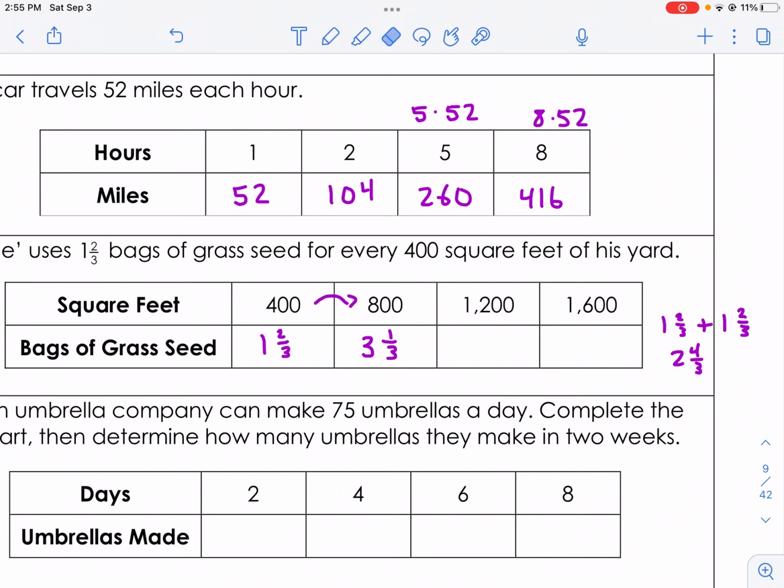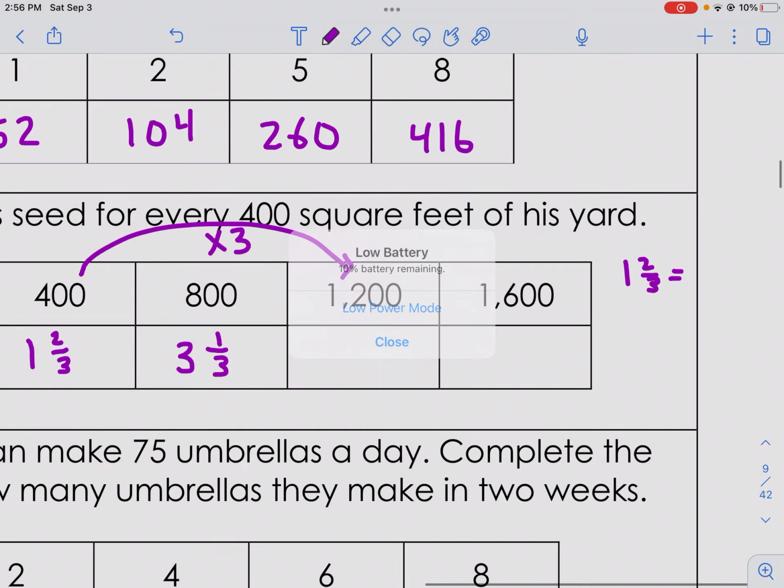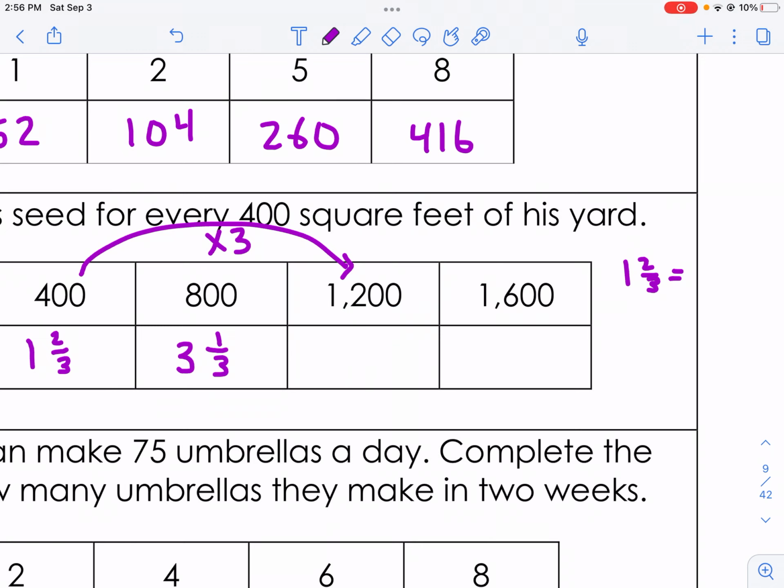Let's try a slightly different technique for the 1200. If I know that 400 is 1 2/3, how do I get from 400 to 1200? I would have to do times 3. So what is that 1 2/3? Let me actually make this an improper fraction. 3 times 1 is 3, plus 2 is 5, and I keep the same denominator.